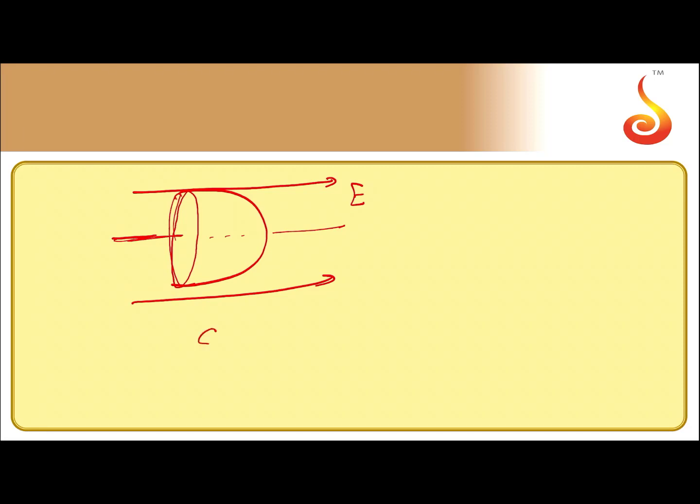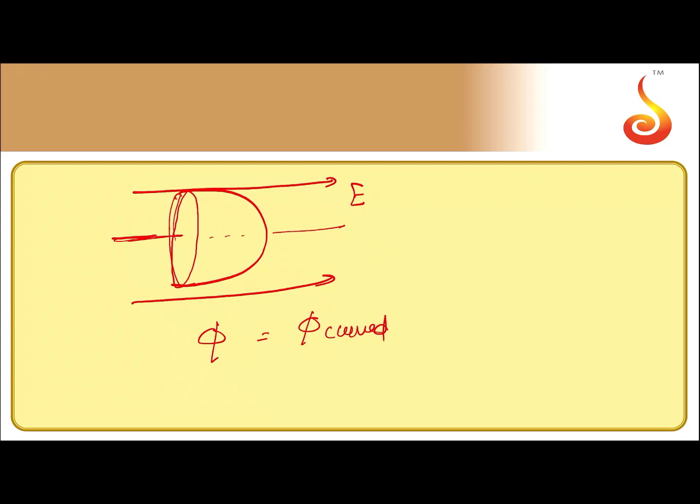Clearly the flux through this is the same as the flux through the curved surface, because there is no flat surface. I am considering it as a bowl, an open structure, not a closed structure. It's a hemisphere, not a solid hemisphere.